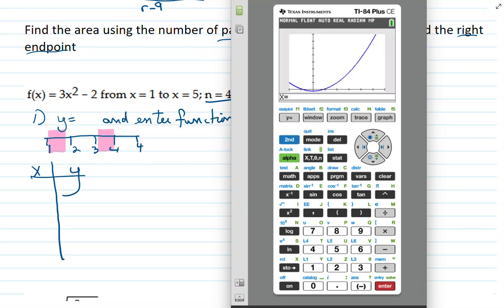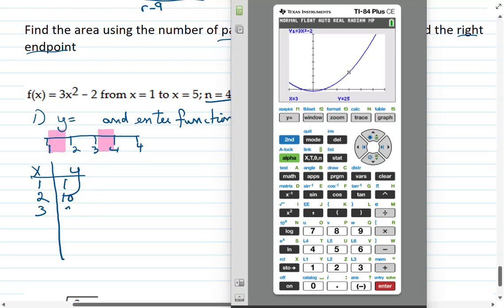X is 1, then y is 1. If x is 2, y is 10. If x is 3, y is 25. X is 4, y is 46. If x is 5, y is 73.